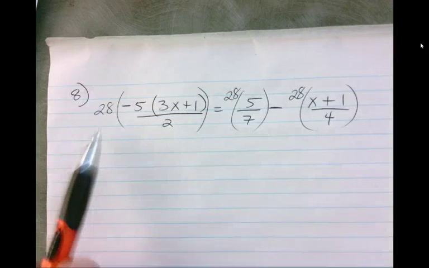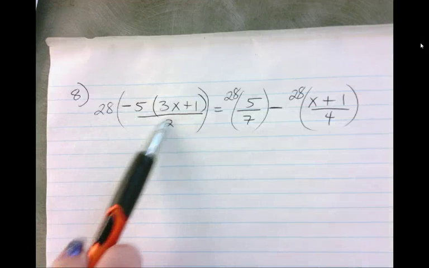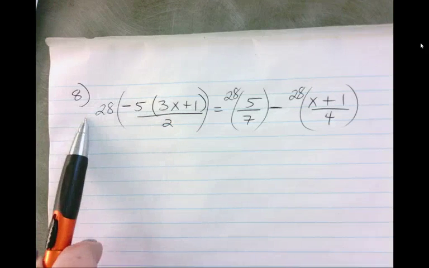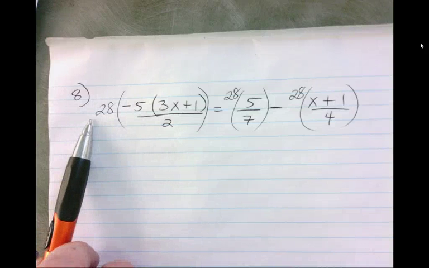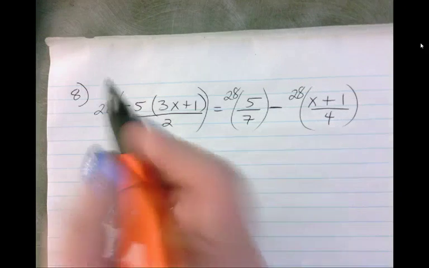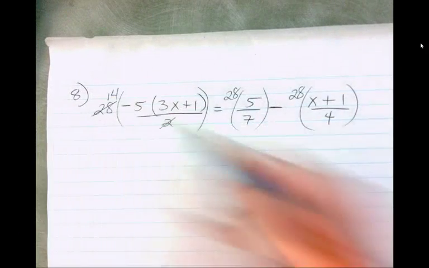Now, a term is something that is separated by a plus, minus, or equals. Let's reduce. You see how we have this denominator, and we're multiplying by 28, so you can think of it as 28 over 2. How would you reduce that? Take a 2 out of the 28 and you're left with 14.